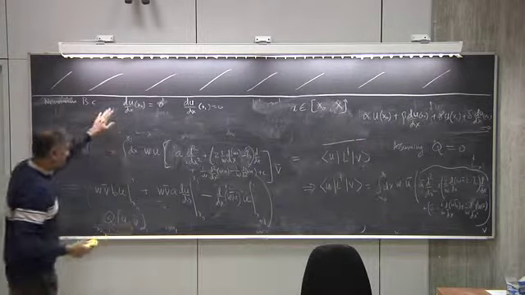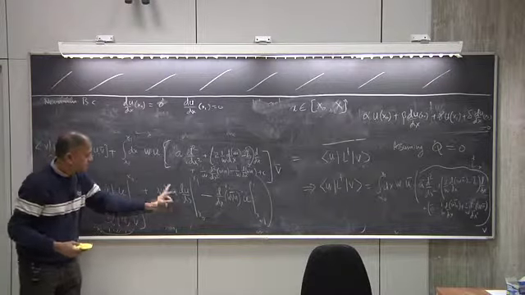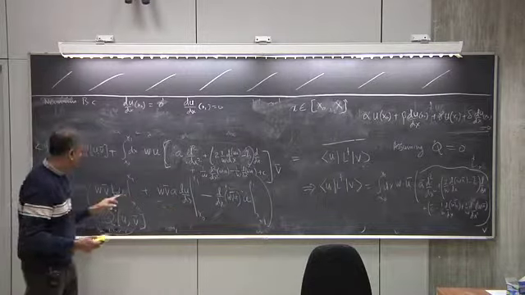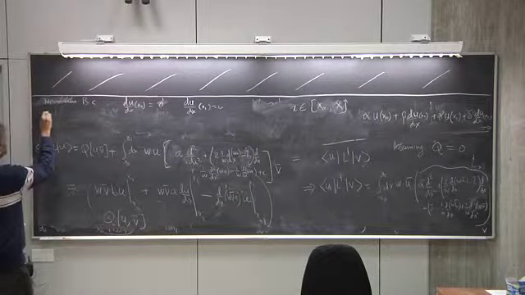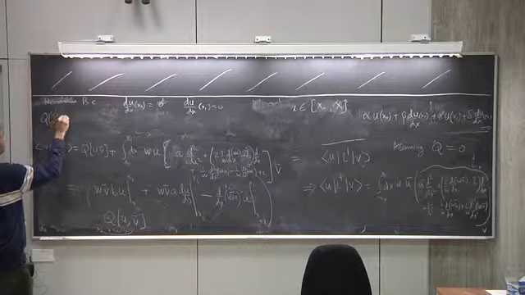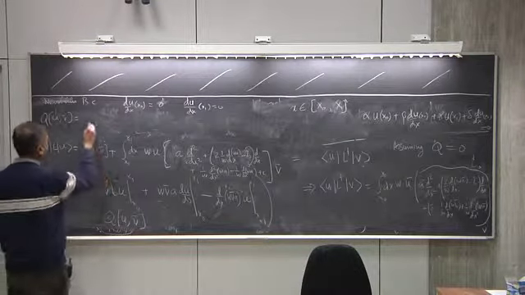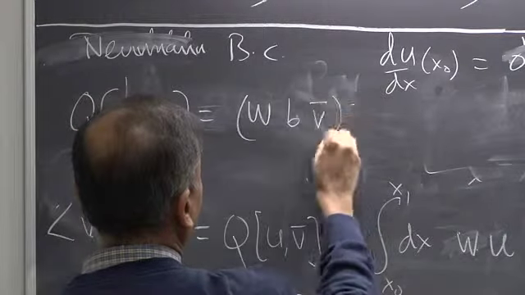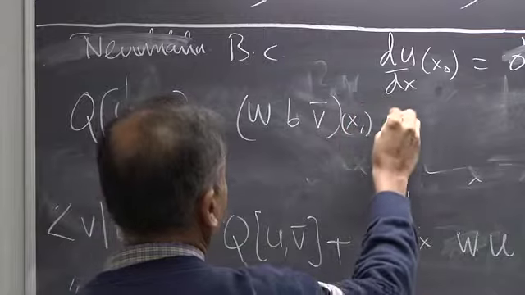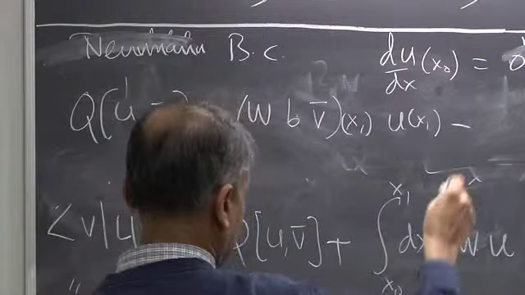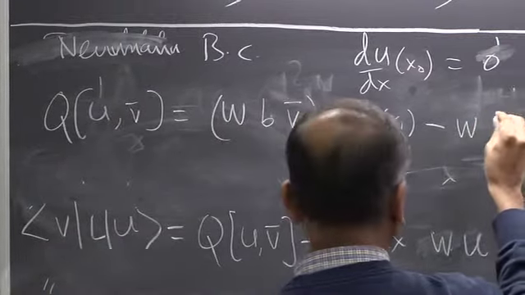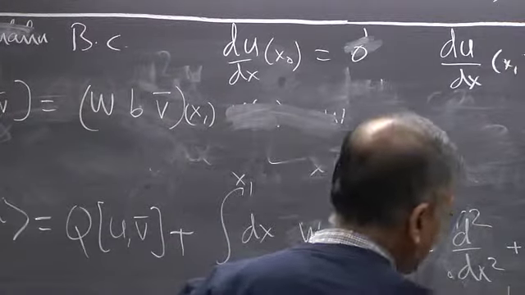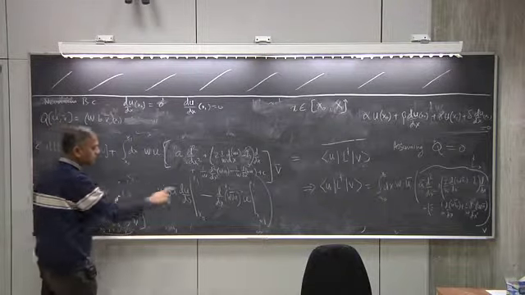Okay, so when you look at this, this term drops out because these are all derivatives at x1 and x0, right? So what is left over here? This Q of u and v bar becomes w a v bar, all of this evaluated at x1, times u at x1, minus... actually, I can combine everything. Let's see what multiplies u at x1. There is one term from here and one term from there.